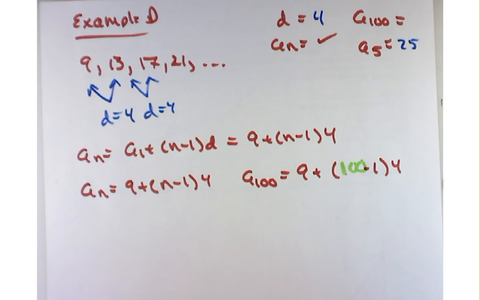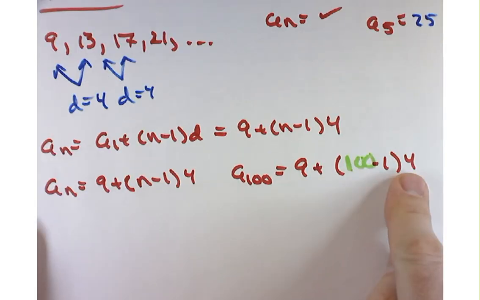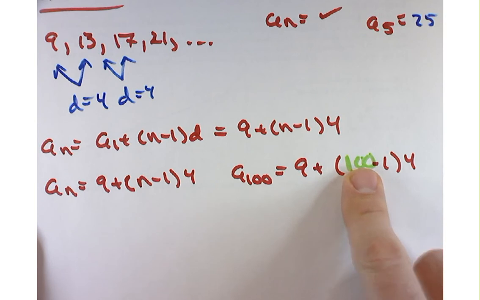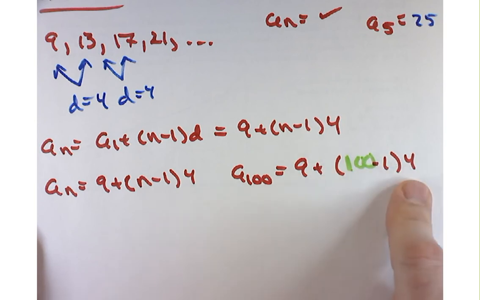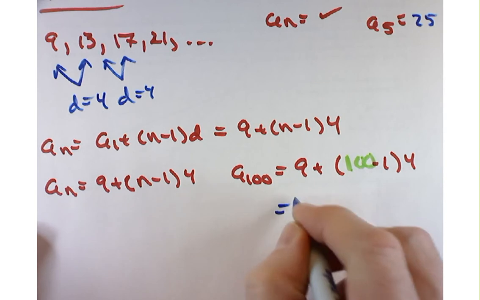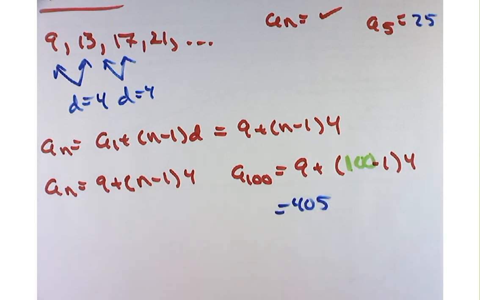Personally, if I was doing this, I would just do 4 times 100, which is 400, minus 4 times 1, which is 4. So 400 minus 4 is 396. Plus 9, 405. There you go. Awesome. And that's it. You're done with that one. Pretty nice.